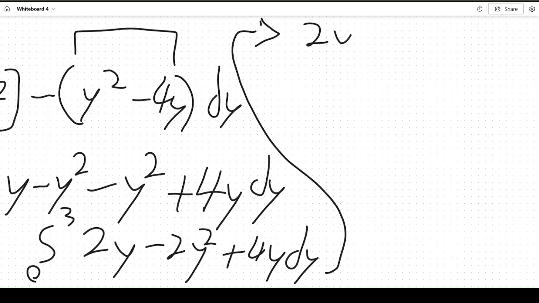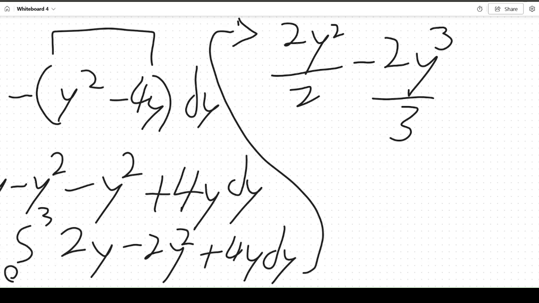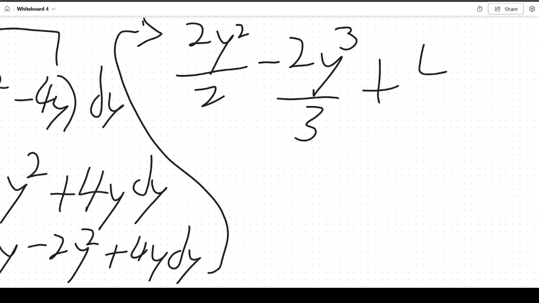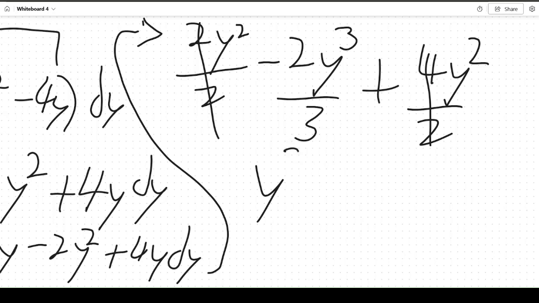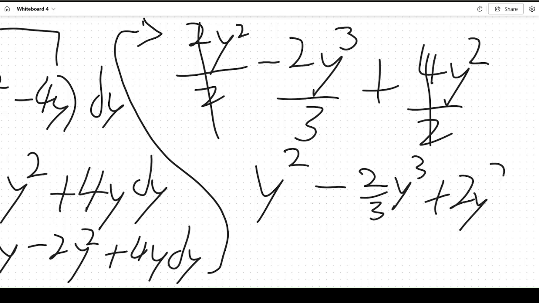So this is the same thing. It's really simple, guys. 2y squared over 2 minus 2y to the third over 3 plus 4y squared over 2. The 2 cancels out, so it will be equal to y squared minus 2 over 3 y cubed plus 2y squared.